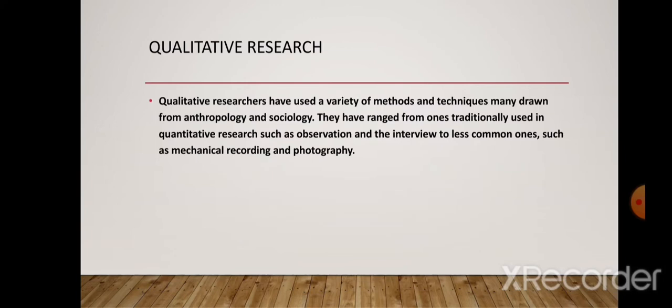Qualitative research. Qualitative researchers have used a variety of methods and techniques, many drawn from anthropology and sociology. They have ranged from ones traditionally used in quantitative research, such as observation and the interview, to less common ones such as mechanical recording and photography.